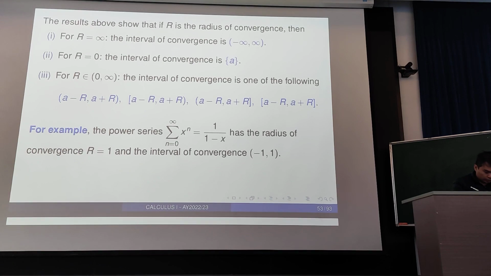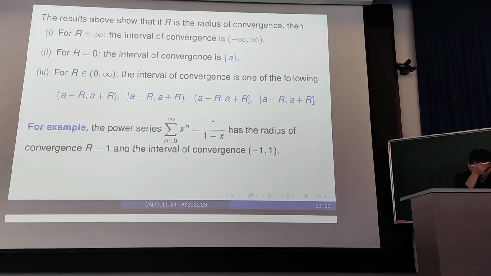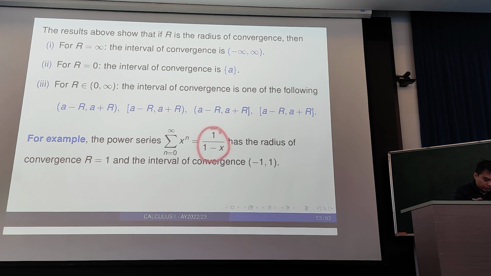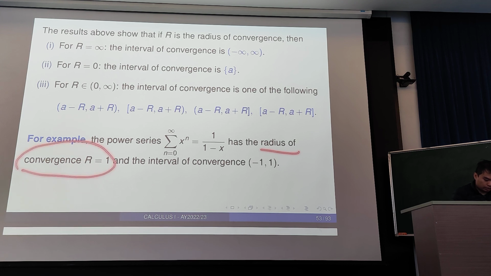Okay, so in the previous lecture, you learned the power series of this function. It has radius of convergence equal to 1, and the interval of convergence is from minus 1 to 1. And in this case, this power series diverges when x equals 1 or minus 1.